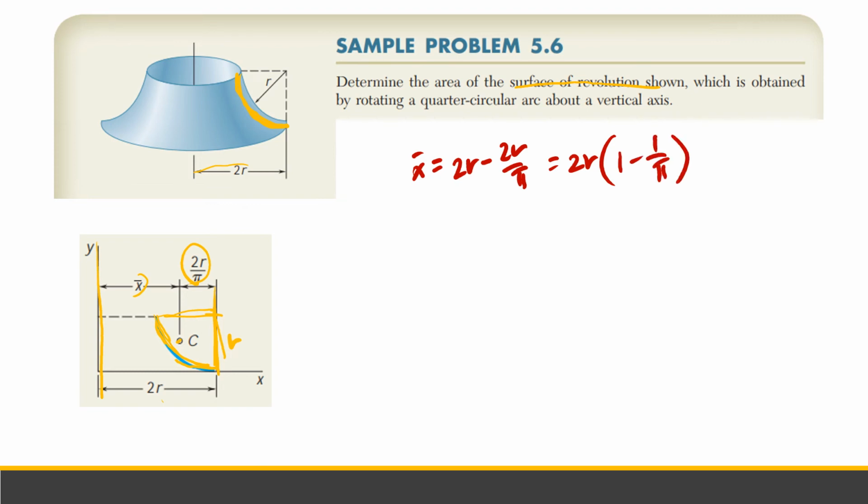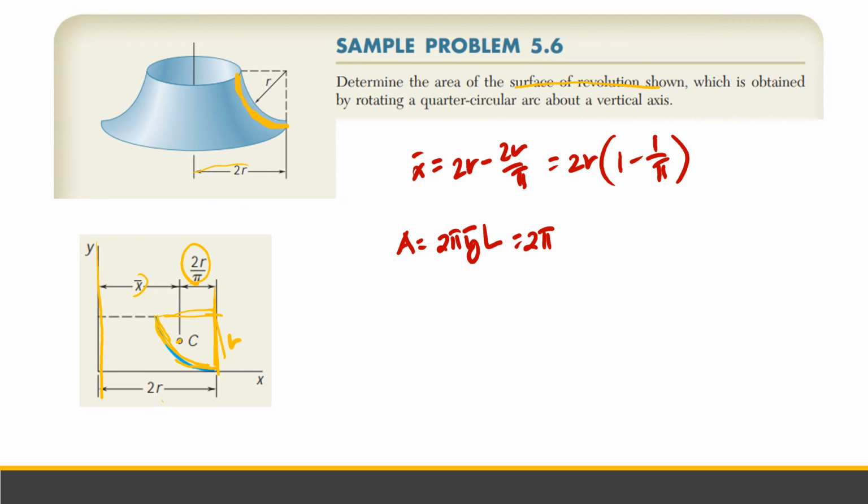So, the area is 2 pi y bar times L. That is for the surface area of revolution. Substituting values, 2 pi y bar or x bar, depending on what we use.